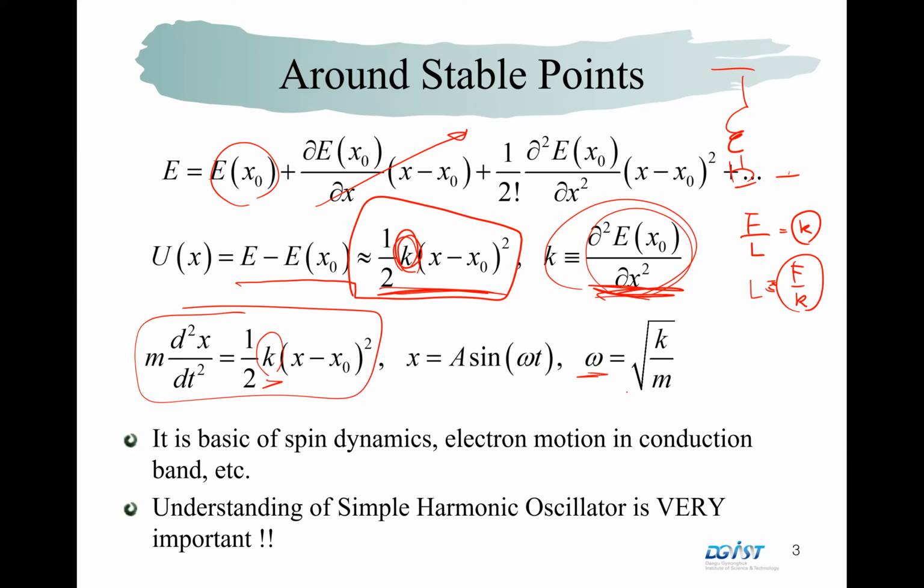The natural frequency of this given system is written as the square root of k over m, and this also depends on the second derivative.